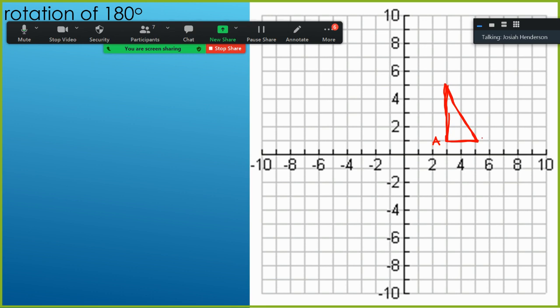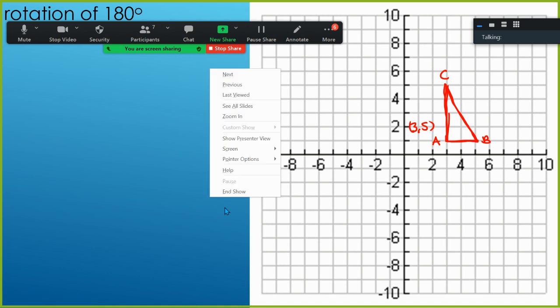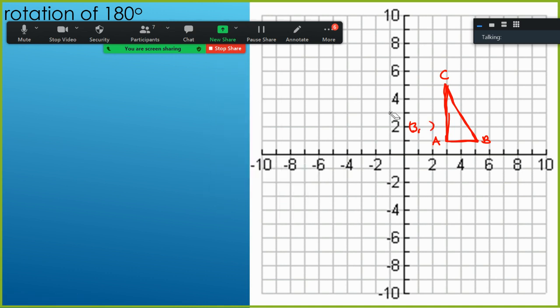So same A, B, and C. There we go. 3, 1, 5, 1, and 3, 5. Okay.